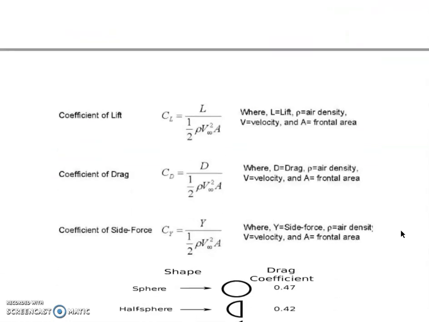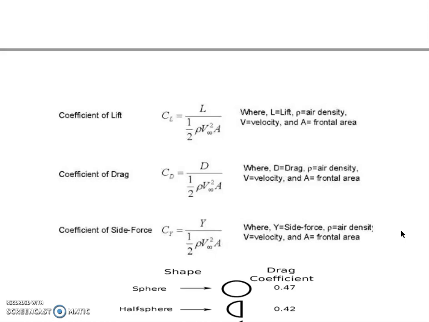So students, this is the equation of coefficient of drag. Basically the equation is CD equals D upon half of rho V square A, where D is the drag force, rho is the air density, V is the velocity of the vehicle, and A is the frontal area of the vehicle.